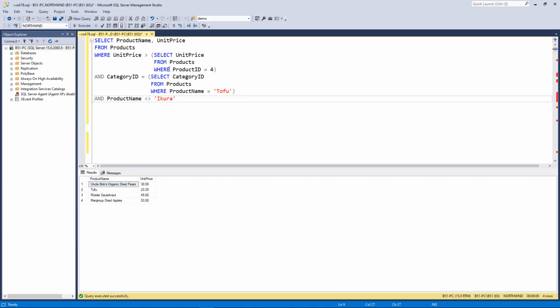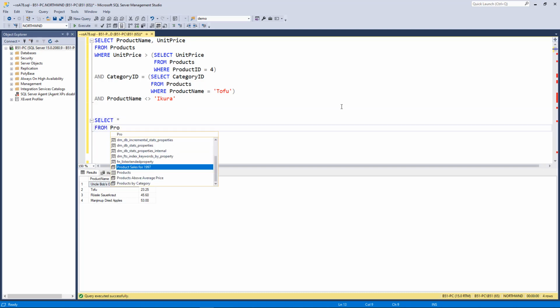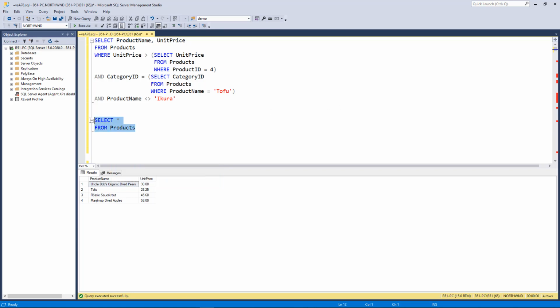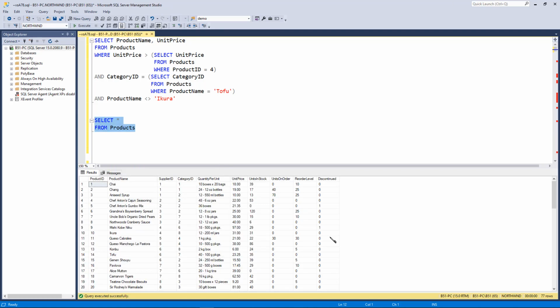Let's understand it query by query. We have select asterisk from the products. This is all rows in the table products. We want that the unit price will be higher than the product ID 4. What is product ID 4? We see that the unit price of product ID 4 is 22.